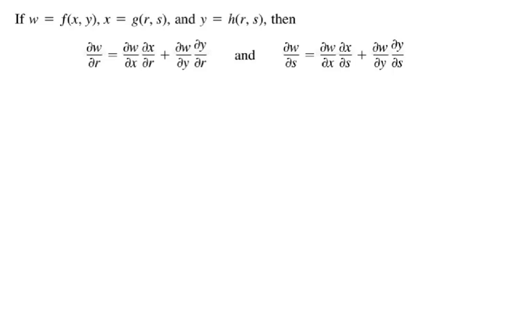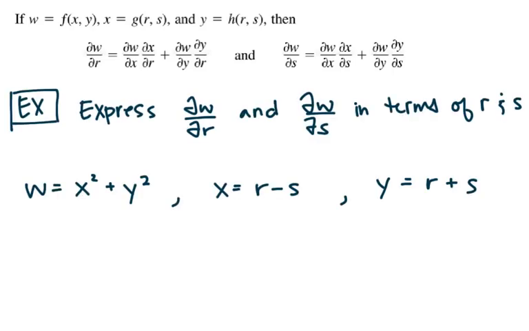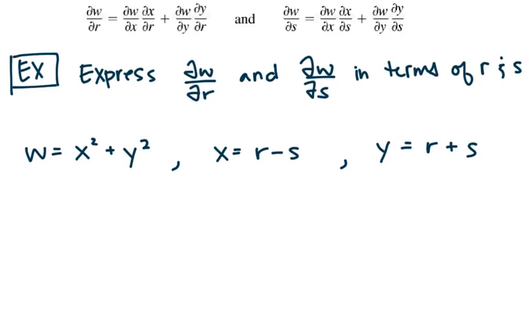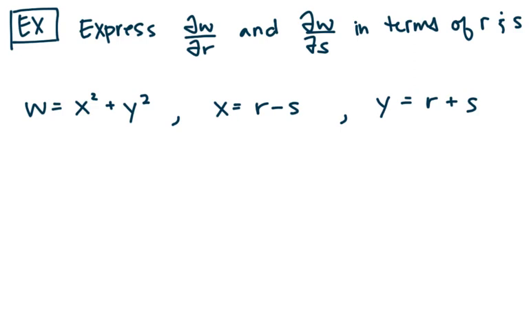So our example is we have a function of 2 intermediate variables, and then X and Y, those intermediate variables, are functions of 2 independent variables. And we want to find partial of W with respect to R and partial of W with respect to S. I'm going to do my scratch work first. Partial of W with respect to X is 2X.